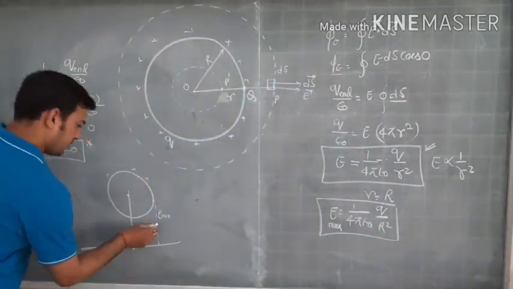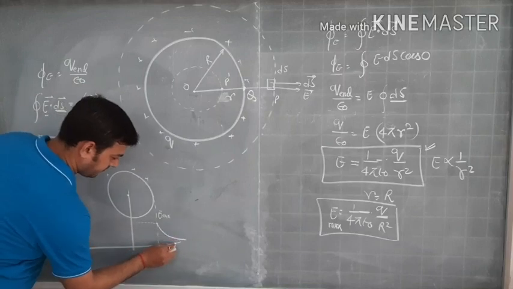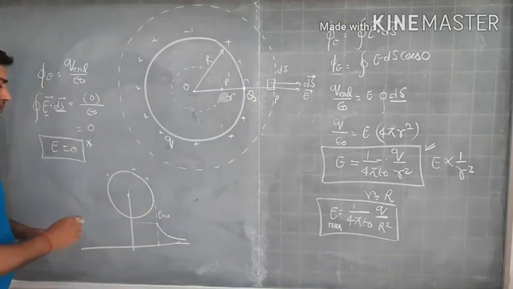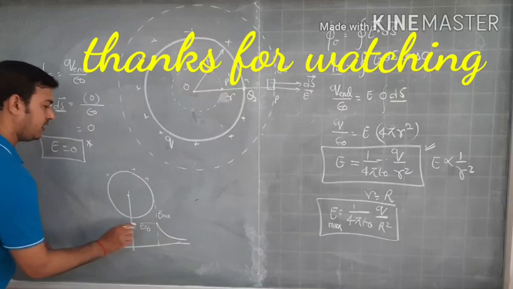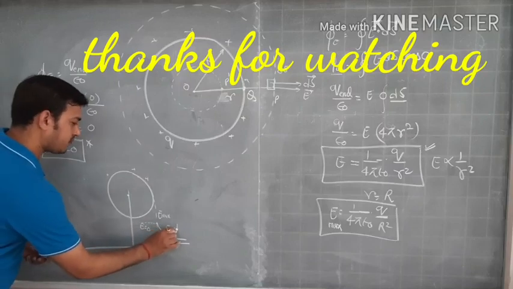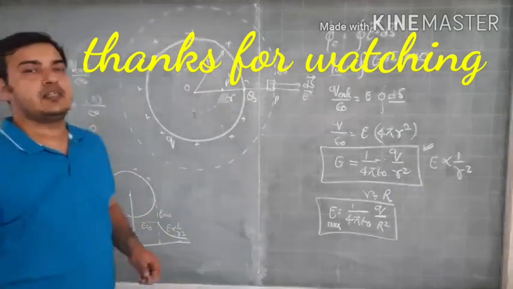The graph is going to be like this. So this is the graphical representation of the electric field due to a charged shell.